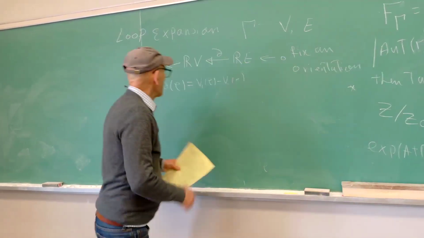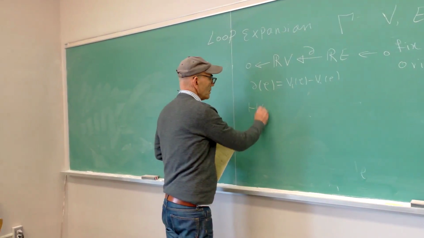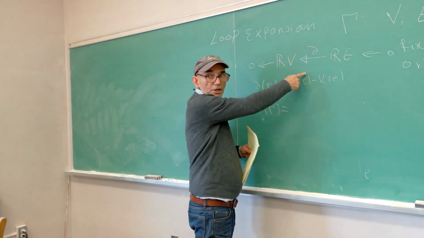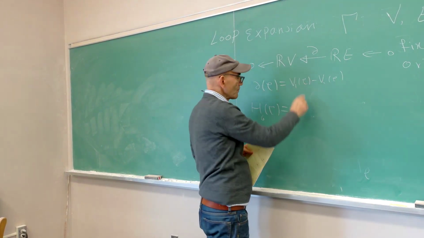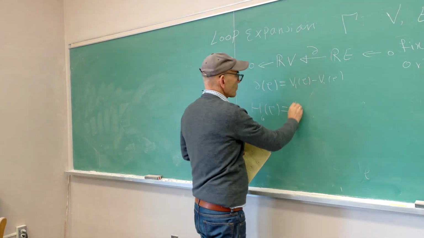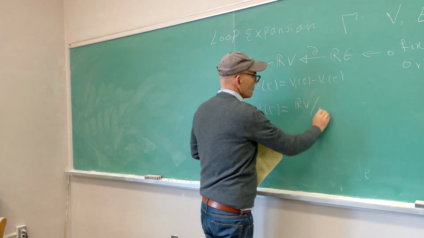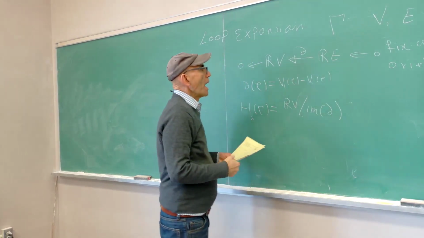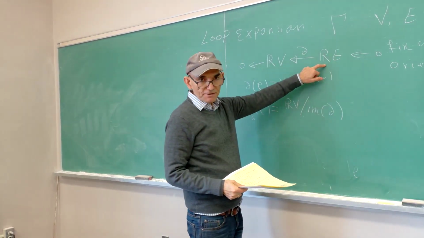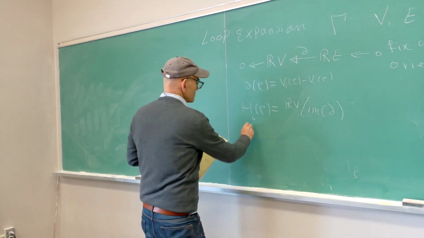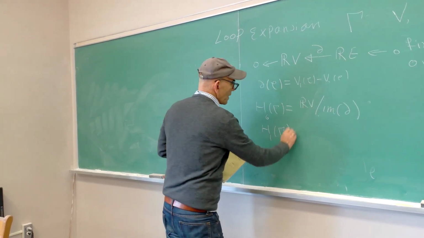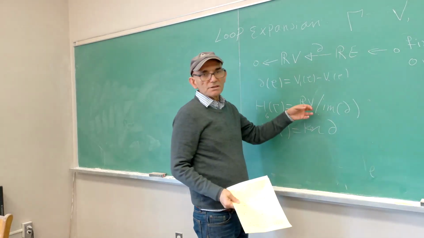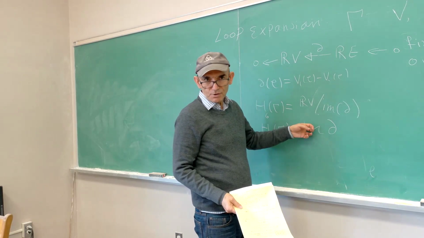The first one is H0 of gamma, which is RV divided by the image of D. And the other one is just the kernel of D, so H1 of gamma is the kernel of D. This is called the zeroth homology group, and this is the first homology.